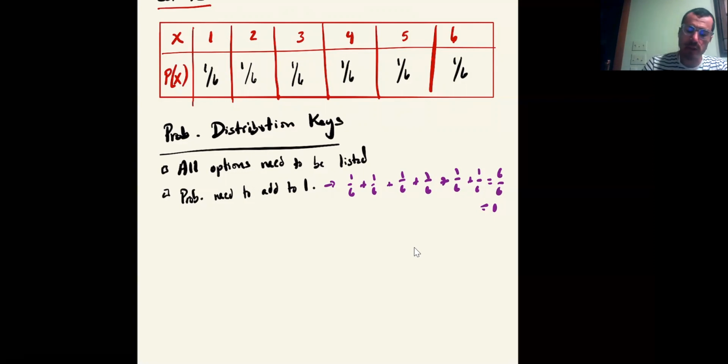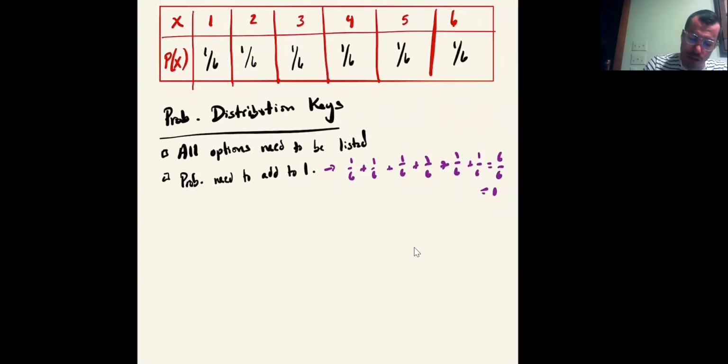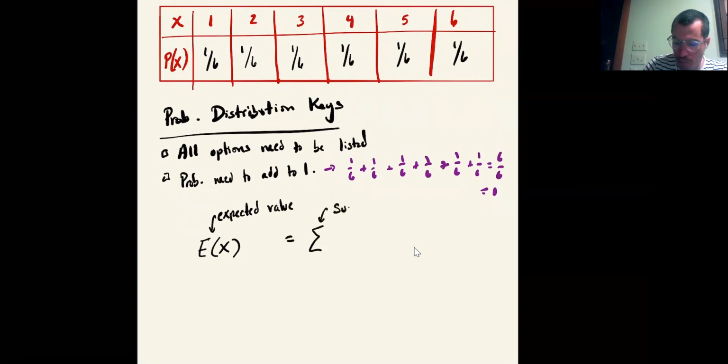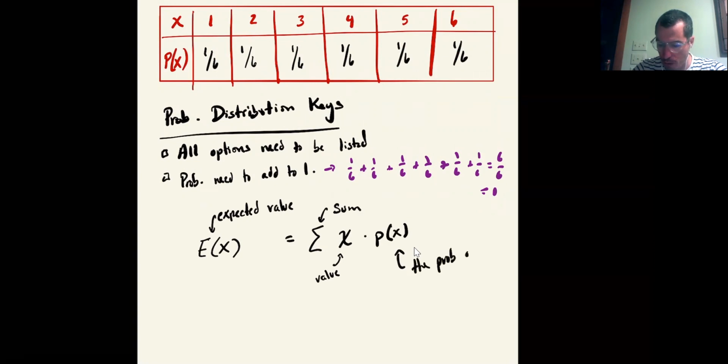So in order to find the expected value, what we can do is E of x, which stands for expected value, is going to equal, hey, this is a fancy symbol for the sum of x, which is the value, times the probability of x, that is, the probability of that value.